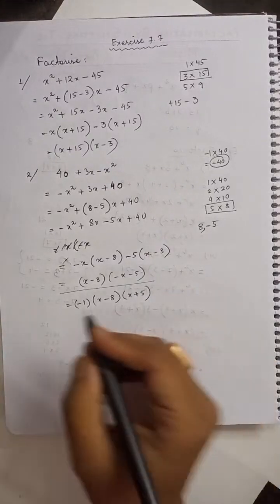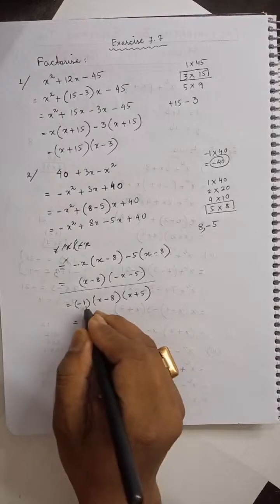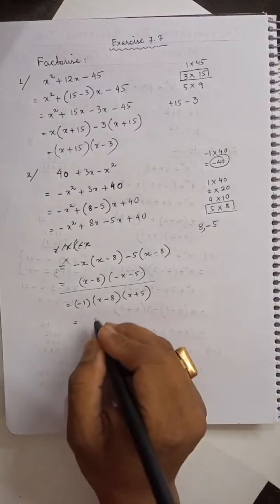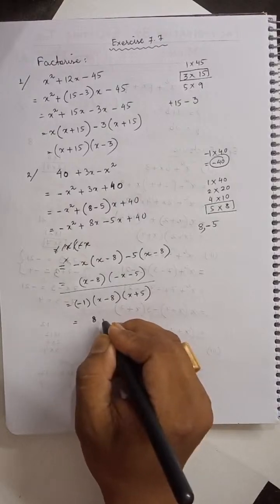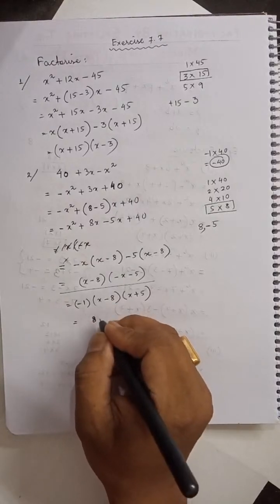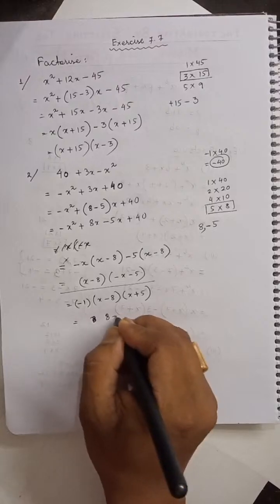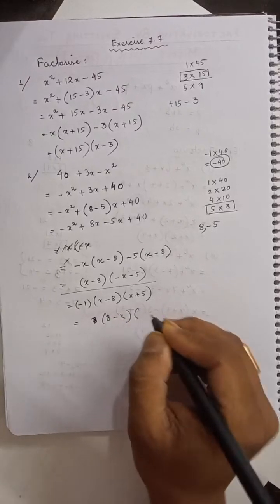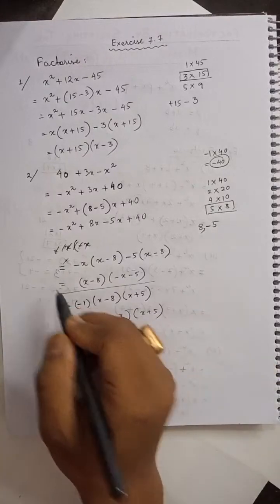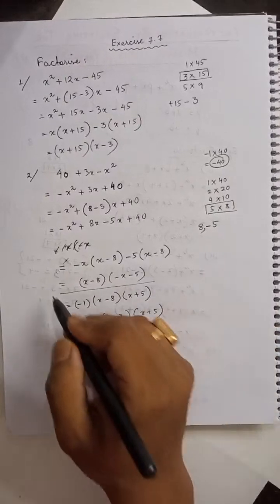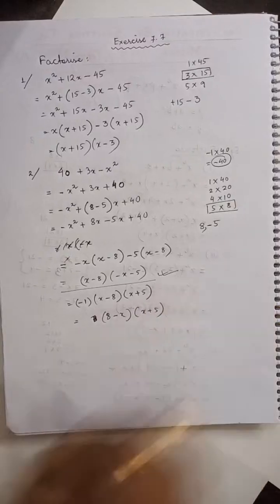And in case you want to multiply, you can multiply the minus 1 to the first term, then the minus 8 will become plus 8, and the plus x will become minus x. So this is your final answer. Okay, if I am a teacher, I will give you marks if you write till here.